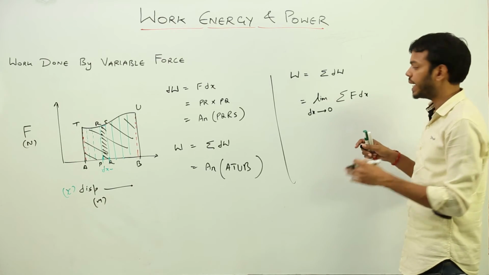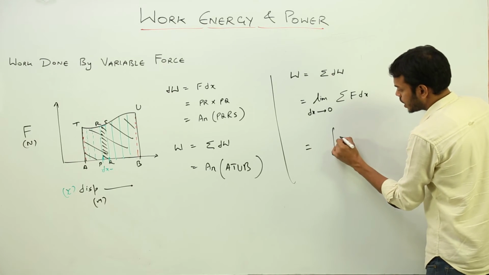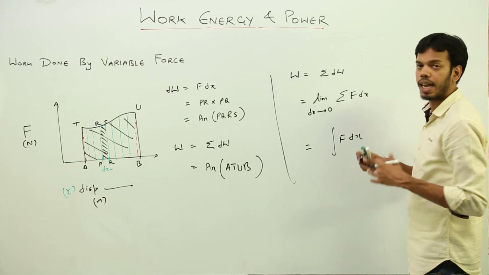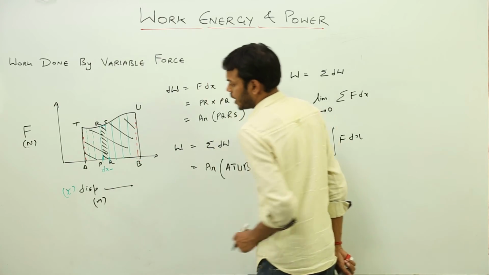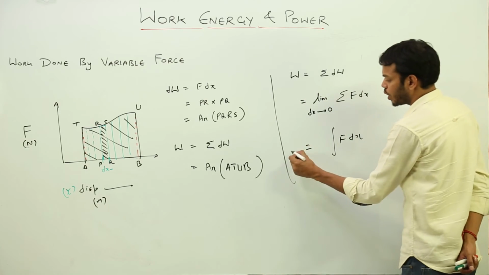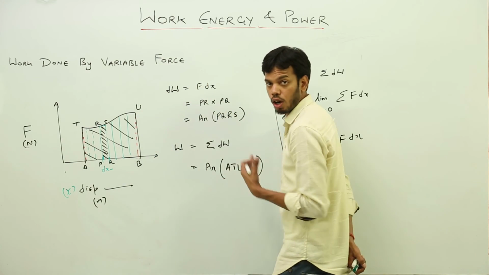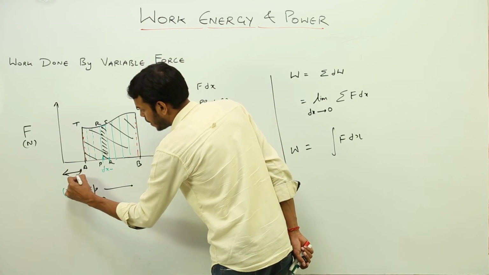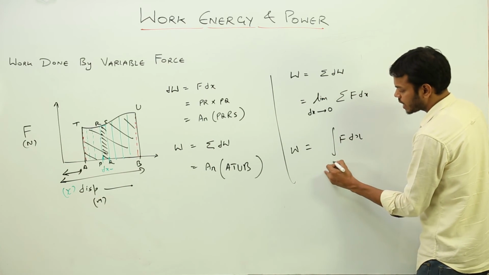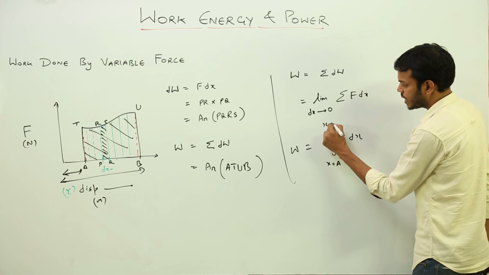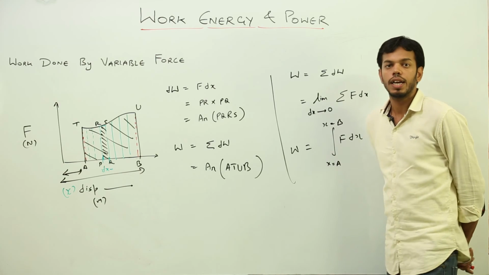So in terms of mathematics, this becomes integration F dx, and now I can apply limits as well. So if you have to find the total work done, the displacement should be taken from the lower limit to the upper limit, that is from this part up to this part. So the integral of F dx, where x is equal to a to x is equal to b, and that is how you find out the value of work done for a variable force.